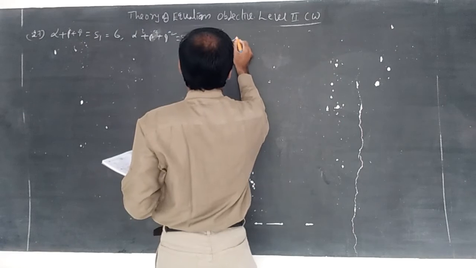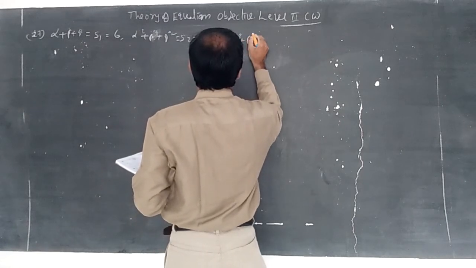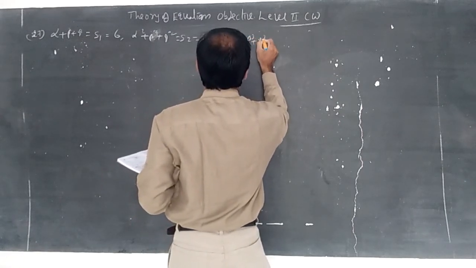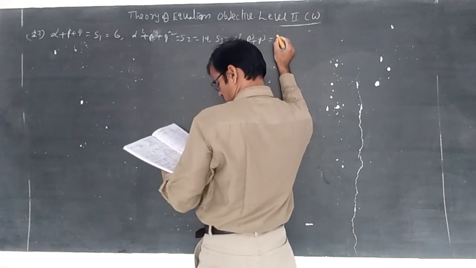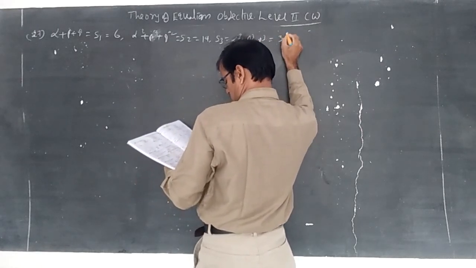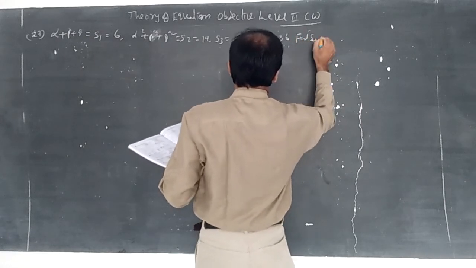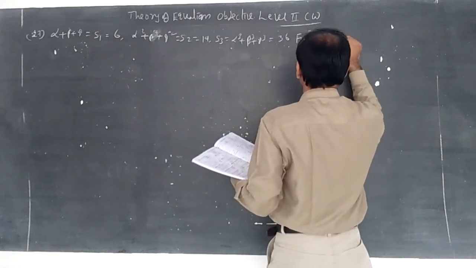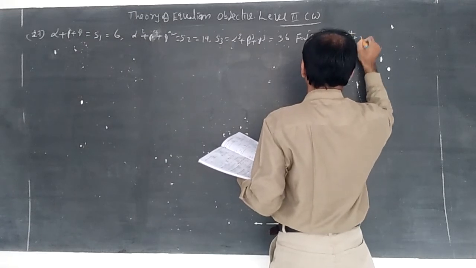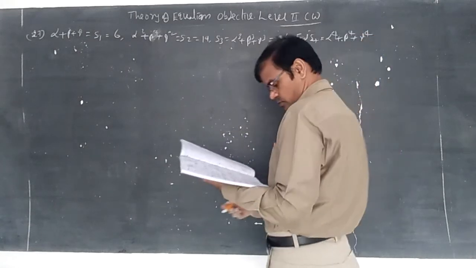Next, S3 is equal to alpha cube plus beta cube plus gamma cube, that he has given as 36. Find S4, that is alpha power 4 plus beta power 4 plus gamma power 4.